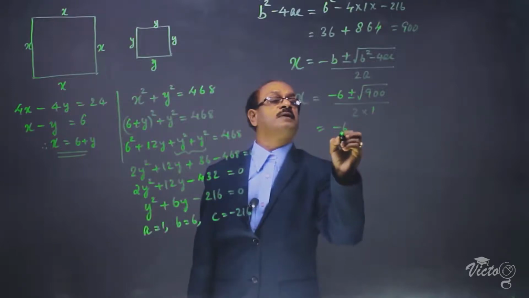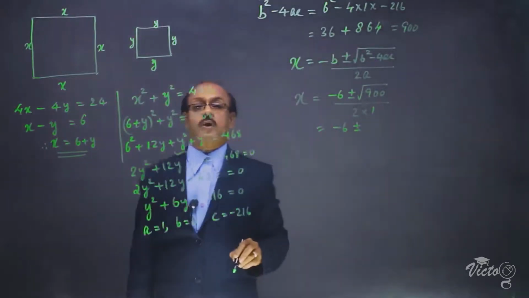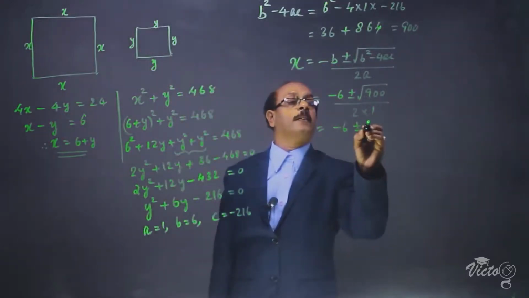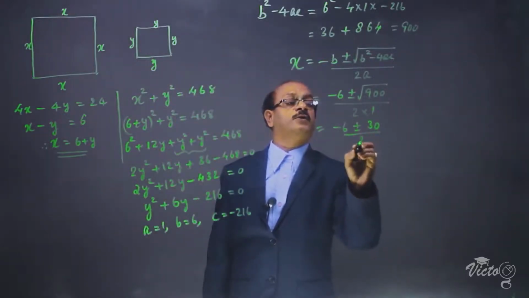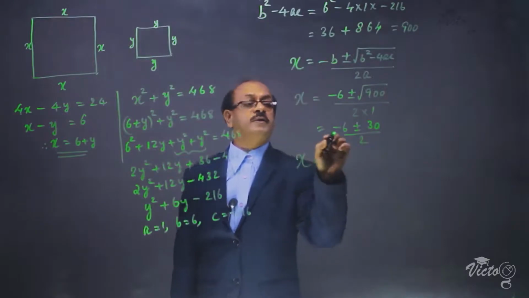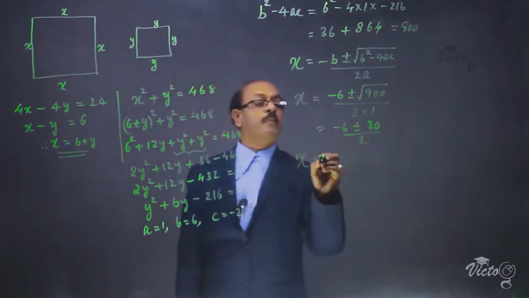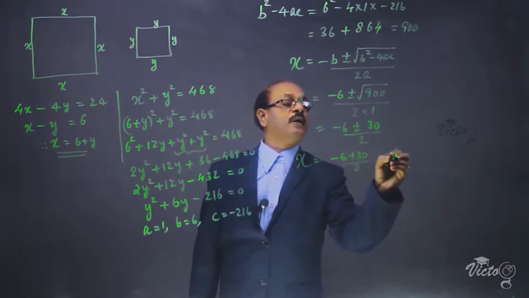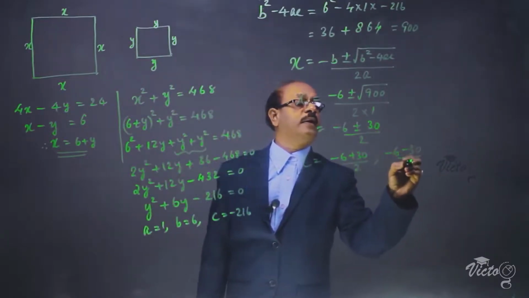X is equal to minus 6 plus or minus square root of 900, which is 30. 30 is the root of 900. 30 divided by 2. X is equal to, split it into two terms: minus 6 plus 30 divided by 2, minus 6 minus 30 divided by 2.